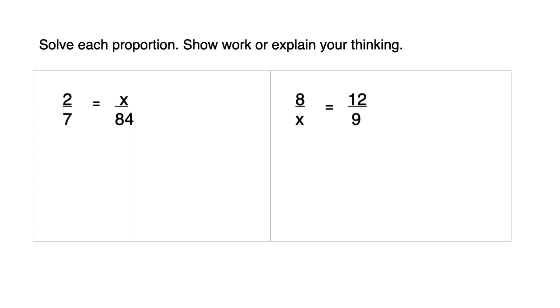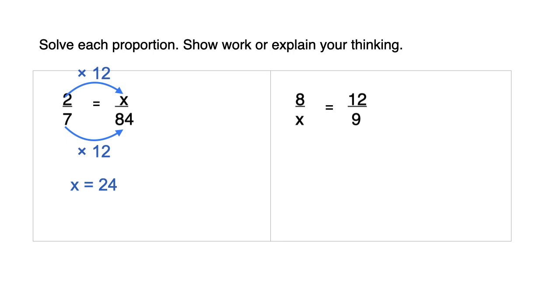So for this first example, I noticed that 7 times 12 is equal to 84. I just happen to know that multiplication fact. So if that's true, then x would equal 2 times 12, because we have equivalent fractions here. x equals 24. Now in the second example, I don't know 8 times what number equals 12 off the top of my head.